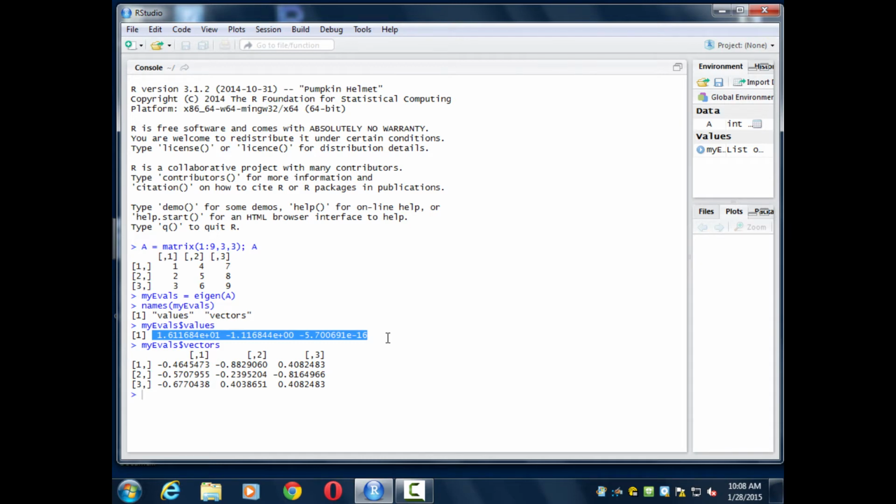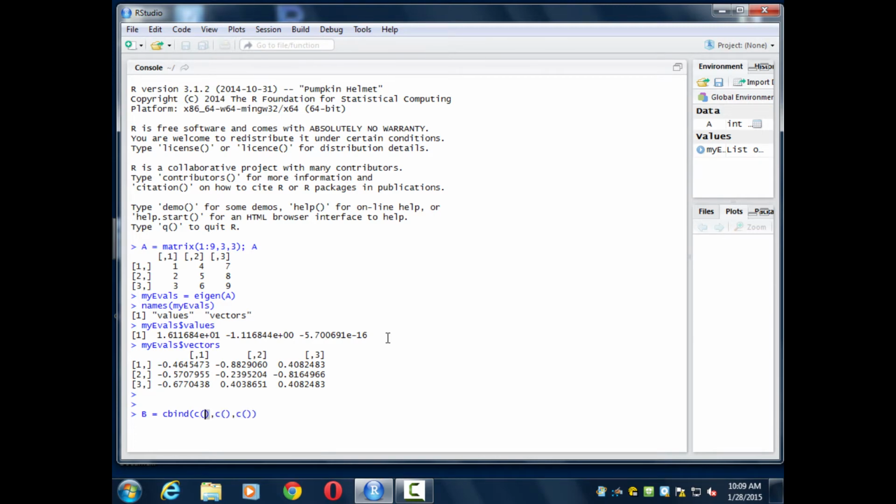Okay, so let's work with a matrix that has complex eigenvalues. So let's say we redefine A, or let me work now with a matrix B. Okay, so this matrix, we're going to put together some columns. Okay, 3 columns.